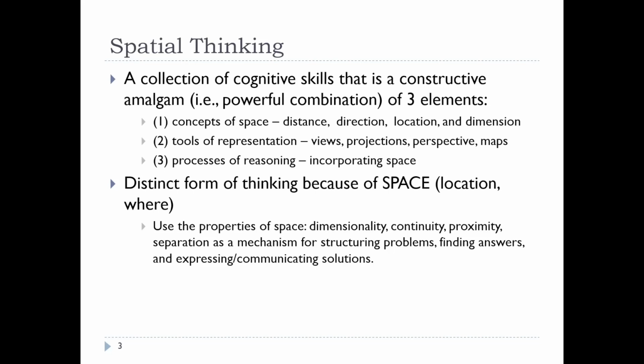That came out hopefully with you in exercise number 1. Maps, different ways of representing things. And then processes of reasoning have to do with incorporating space, which is why I call this the science of where, because it's all about location, space, right? Okay. And so spatial thinking is distinct because of this space component, this locational component, this where component.